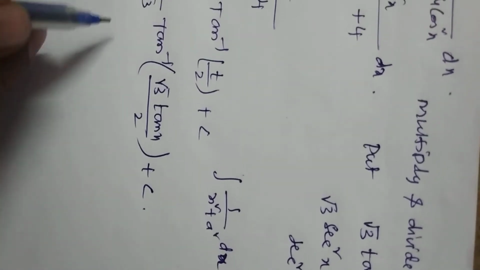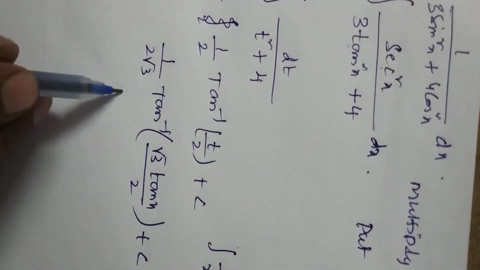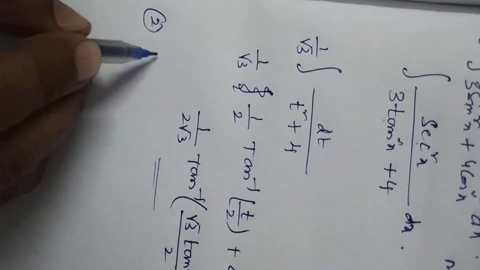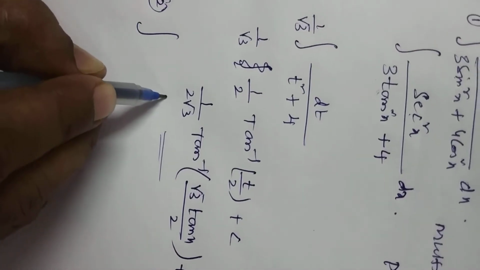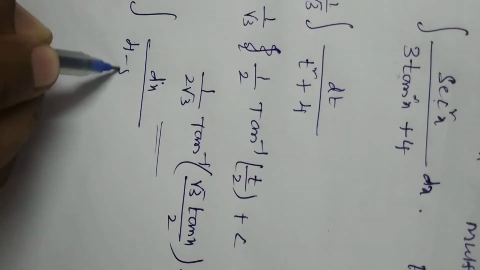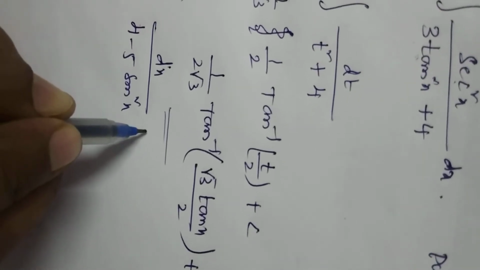So like this simply we can get the integration if the function is in this form. Let us look at one more example. Integration of dx by 4 minus 5 sin square x, only the sin square x term we have here.